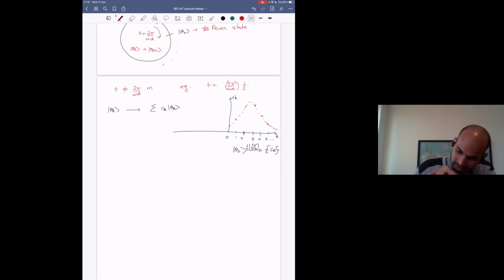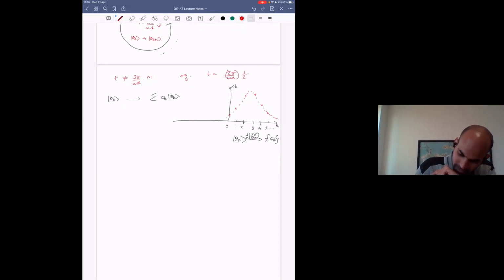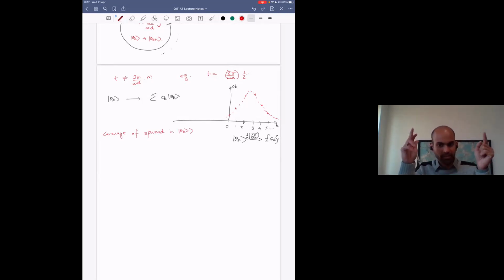In fact, if one were to look at the average of the spread in the theta k basis, and this is something that's a bit tricky to define, because remember, theta k is modular, but you can do this by starting at a state that is somehow in the middle of whatever modular range you set, and looking at it from that state to the next.